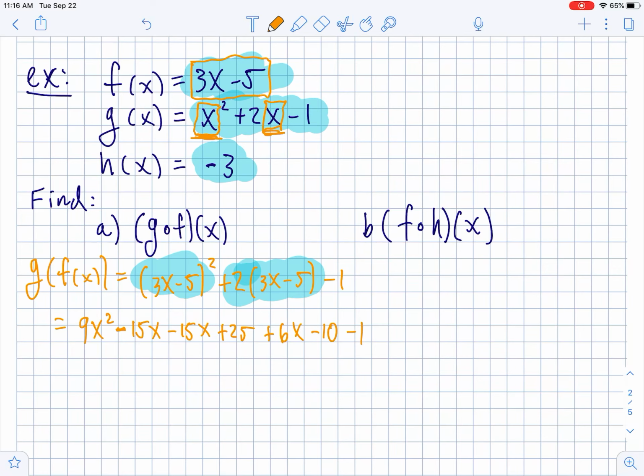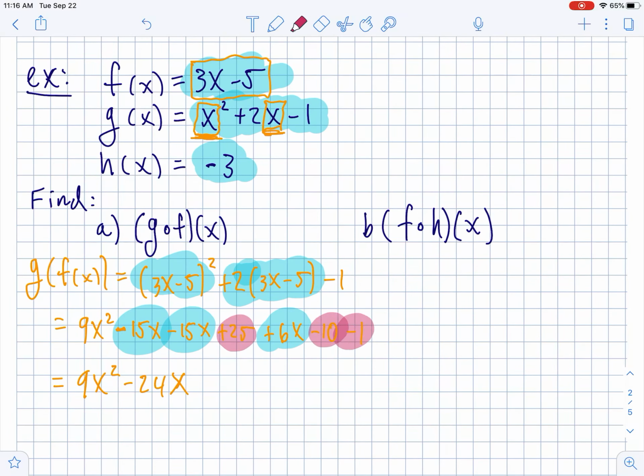Now I just have a bunch of apples and oranges. I see there's only one x squared, but there's a bunch of x's. So the negative 15x, negative 15x, and 6x: negative 30 plus 6 is negative 24x. So this equals 9x squared, negative 24x, and then 25, negative 10, negative 1.